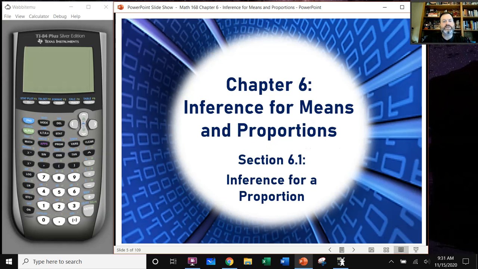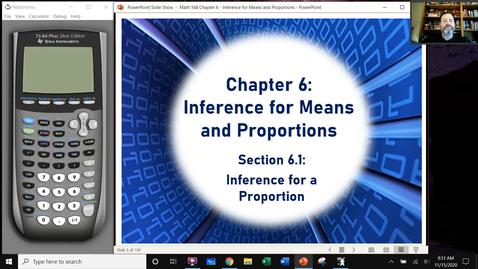So let's start section 6.1. So the way this is broken down is, let me back up a little bit. Chapter 3 was confidence intervals. And when we did confidence intervals, we mixed up all the different statistics and parameters, and you had to identify which one you were supposed to use.